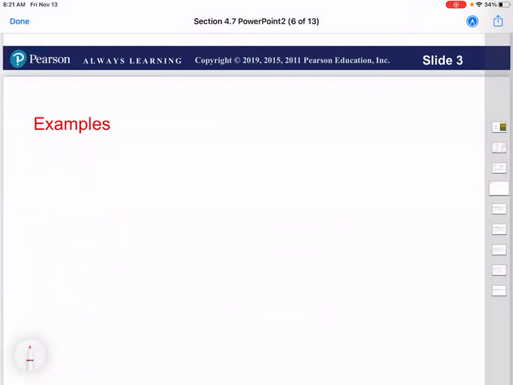I'm talking about, let's say, limit x approaches 0 of e to the x minus x minus 1 divided by x squared.